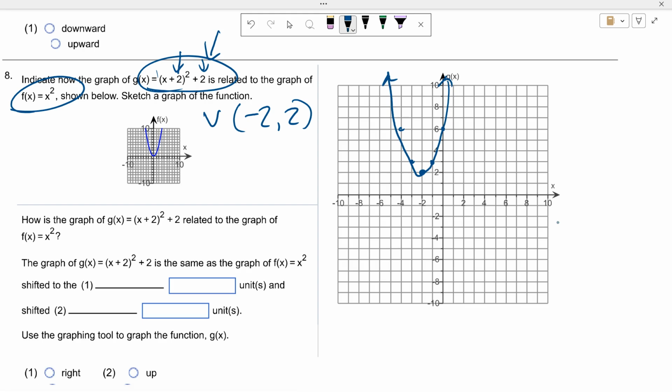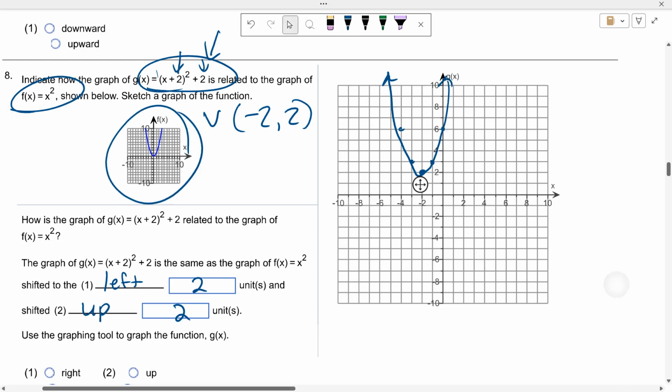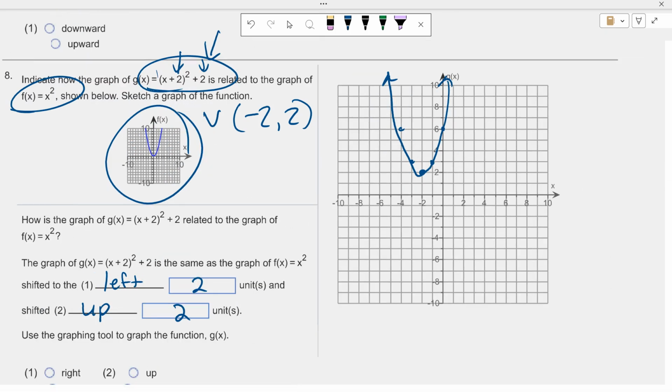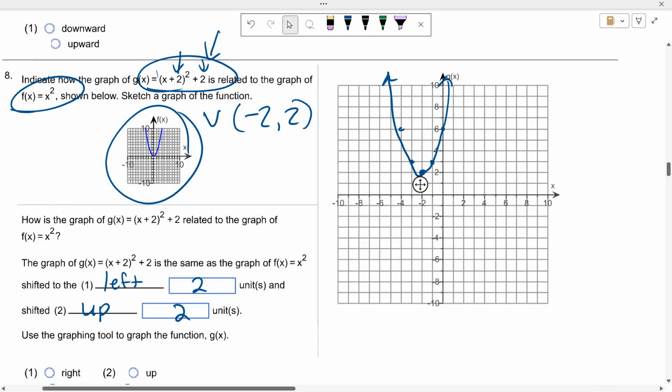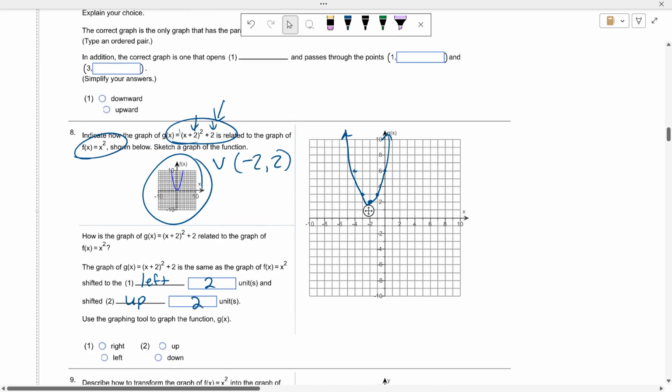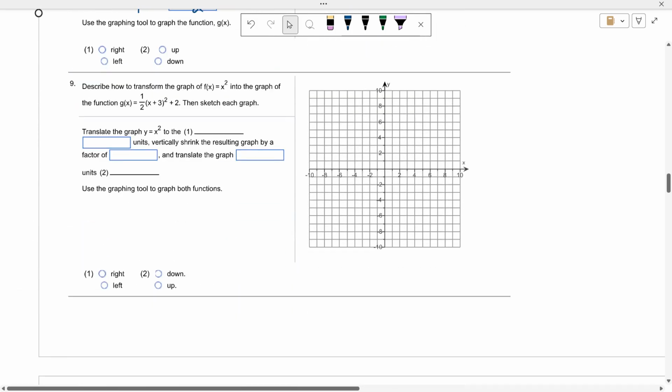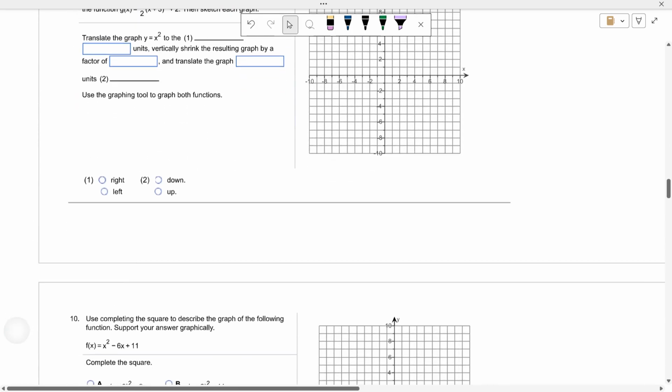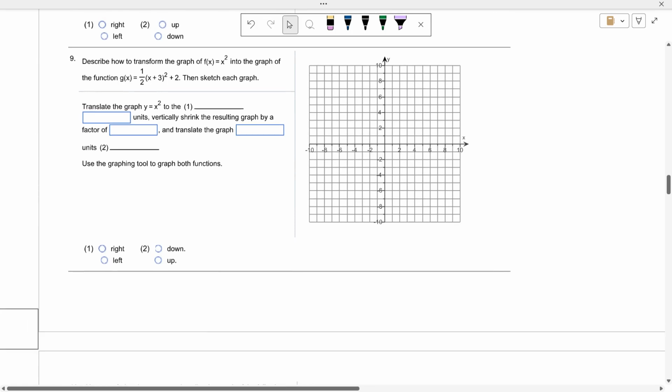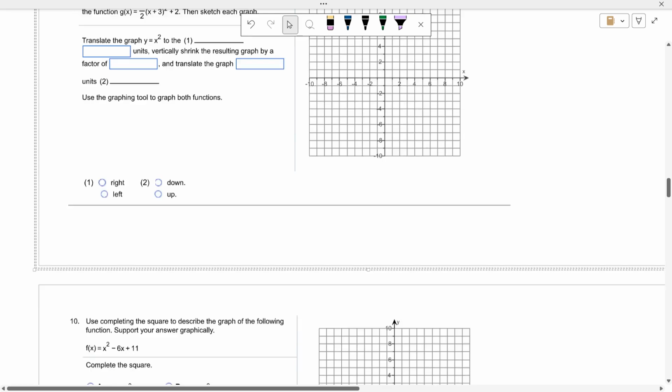So it's shifted to the left by 2 units, and it's shifted up by 2 units from the original, because the original is x squared. I think you can handle that one.